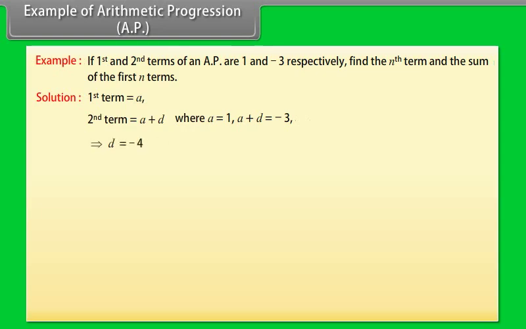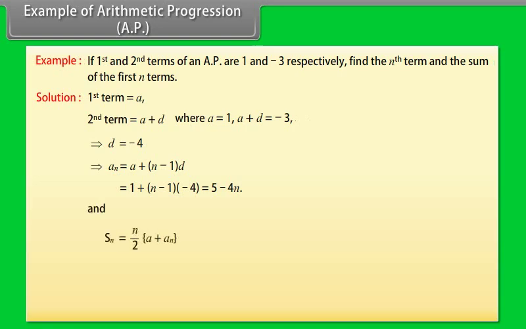It implies D is equal to minus 4. It implies An is equal to A plus n minus 1 into D, which is 1 plus n minus 1 into minus 4, equal to 5 minus 4n.